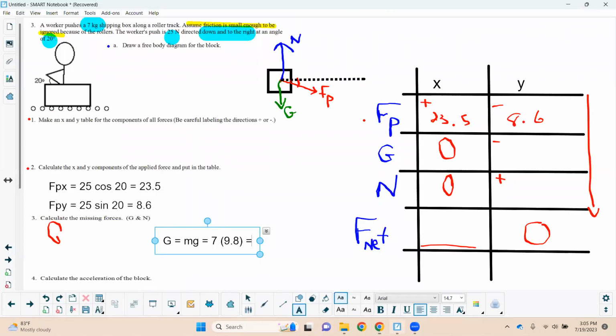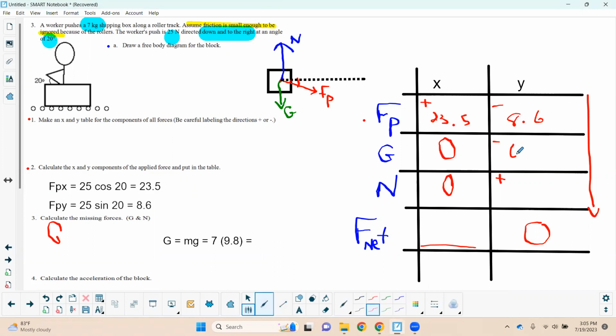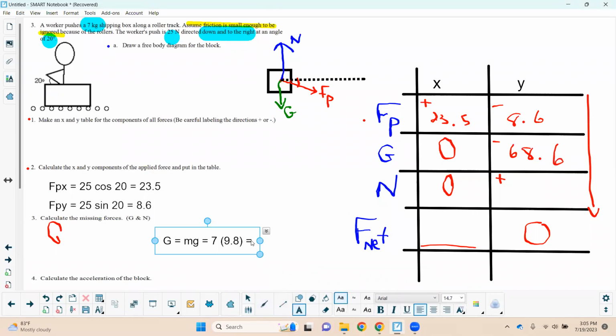So we're going to take that and put that in the chart here. I'll type that here to make sure that we don't forget it. All these things are newtons. I'm just kind of ignoring the units right now.